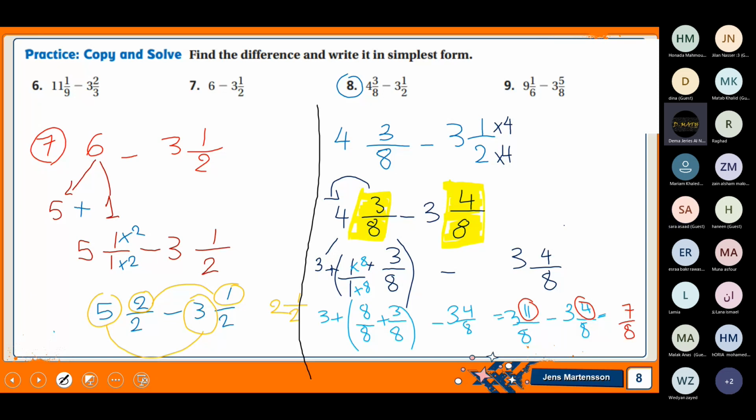Okay, and then? And this 3 minus 3 equals 0. So keep it as 7 over 8.